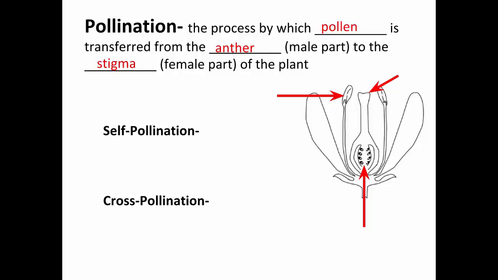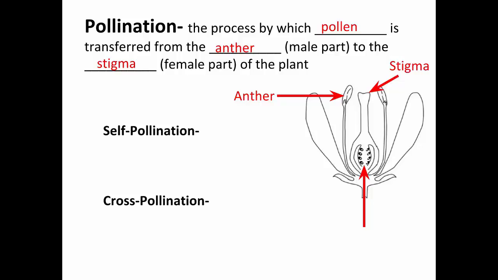Now sometimes pollen from one flower can land on the stigma of the same flower and pollinate it. This is called self-pollination. Okay? So if pollen from this anther lands on this stigma and grows, that's self-pollination. But does that provide the benefits of sexual reproduction?